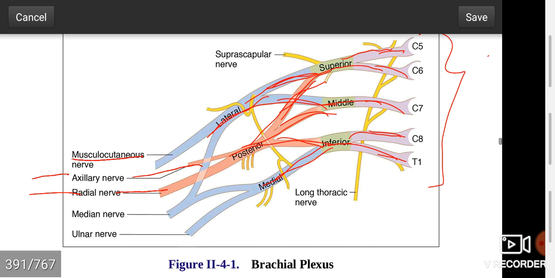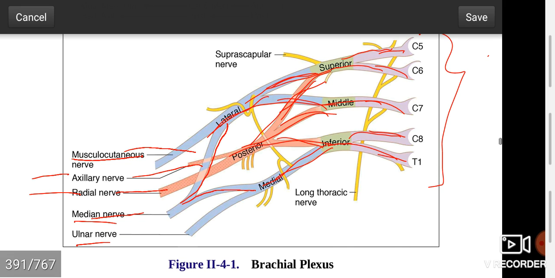The musculocutaneous nerve, median nerve, and ulnar nerve, they are the 3 nerves which are arising from the anterior division fibers of this plexus. The musculocutaneous nerve is the nerve which is arising from the lateral cord of this plexus. The median nerve arises from both the lateral and medial cord, which is this one and this one.